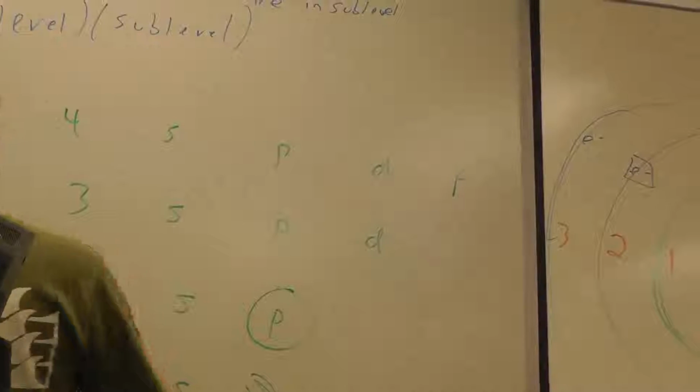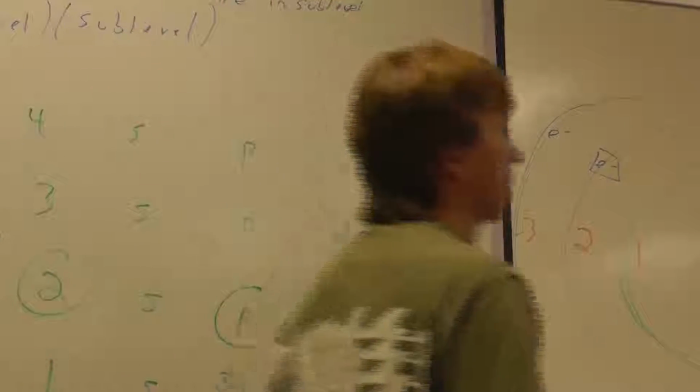P first comes into existence on level 2. And so the top row of the P block is not 1. It's level 2. There's no such thing as 1P.